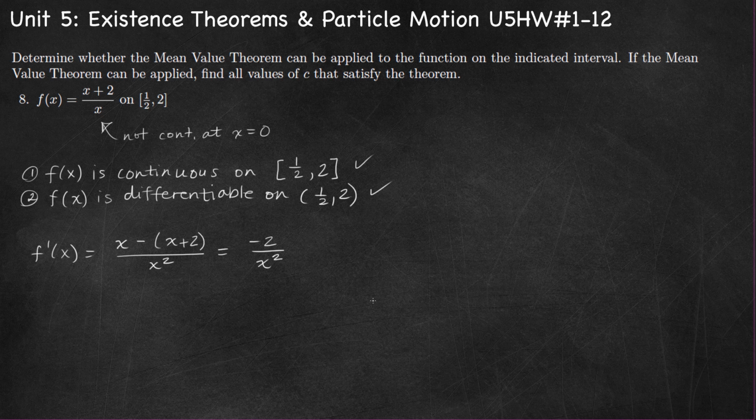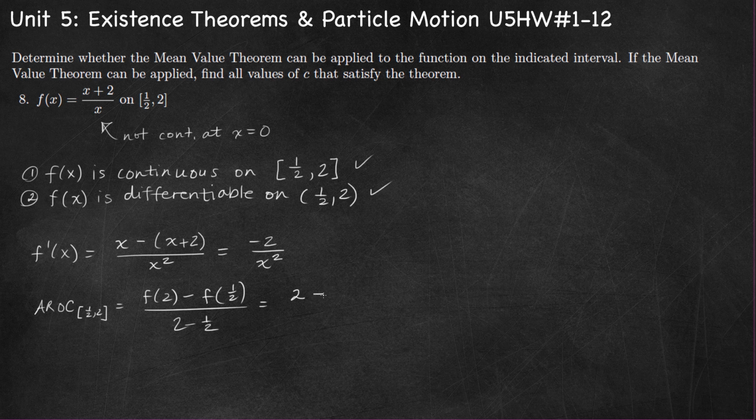So the mean value theorem does apply on this interval, and we want to know where this derivative equals the average rate of change. So our average rate of change on the interval from 1/2 to 2 equals f of 2 minus f of 1/2, over 2 minus 1/2. f of 2 is 2 plus 2 over 2, which is 2, minus f of 1/2.